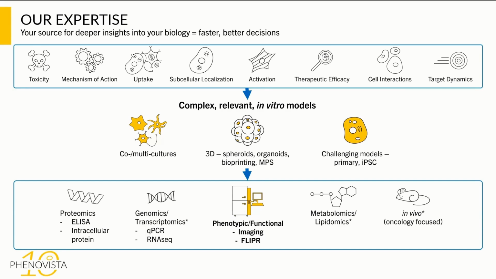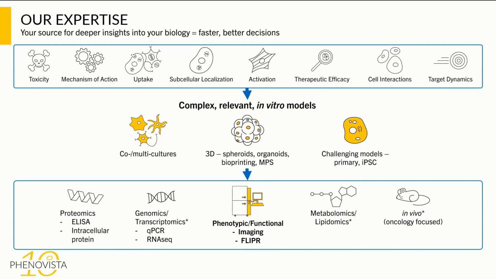We also have an in-house bioprinter that we use for some more complex experiments, cultures of single cells or multiple cell types within one culture. So it's a very flexible system that we provide our clients, and it's very much catered to what they need. And again, we like to use the most relevant cell type. So primarily all of our assays have been using primary cells or iPSC-derived cells.